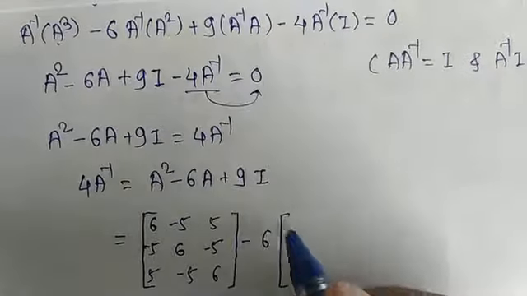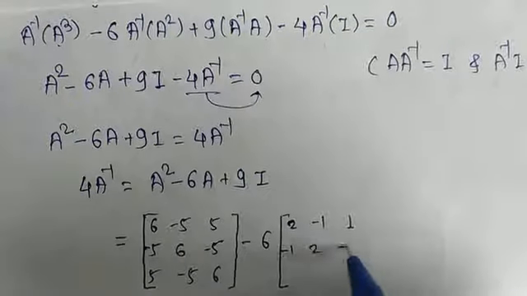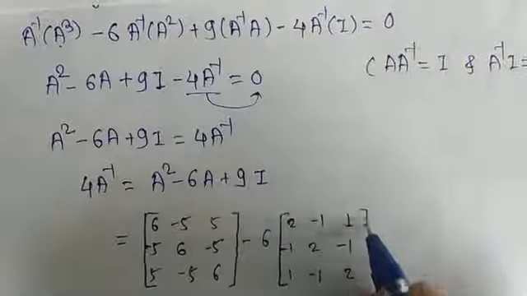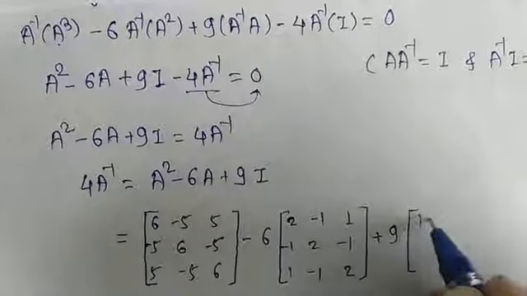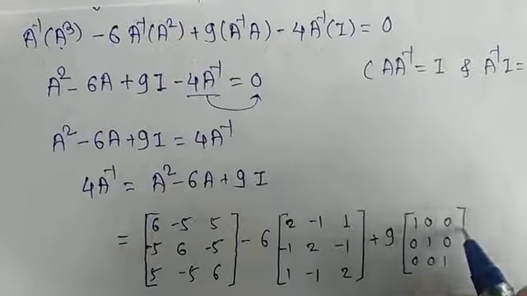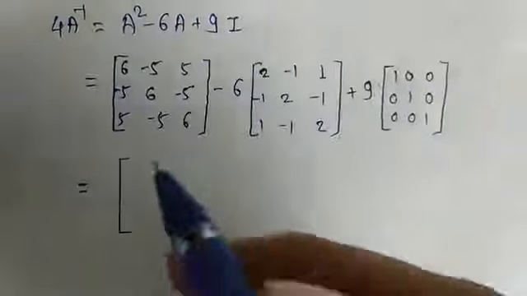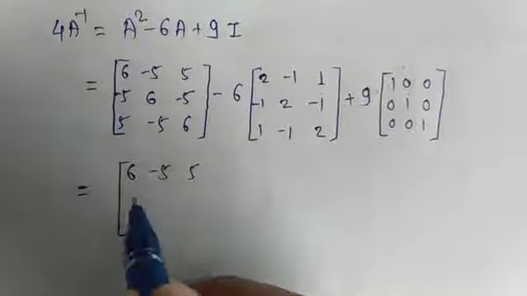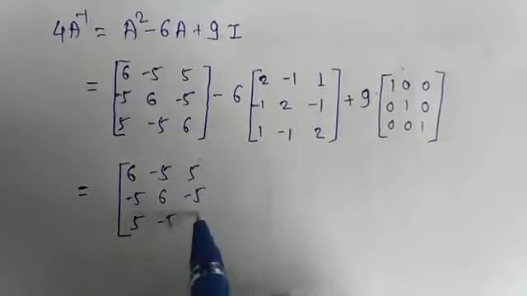Minus 6 into the A matrix. The A matrix is 2 minus 1 1, minus 1 2 minus 1, 1 minus 1 2, plus 9 into the identity, which is 9 into 1 0 0, 0 1 0, 0 0 1. Which gives us 6 minus 5 5 as it is, minus 5 6 minus 5, 5 minus 5 6.